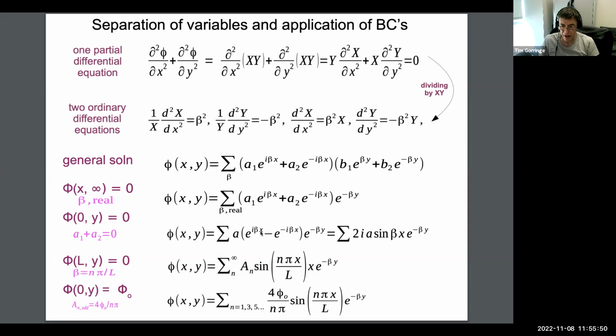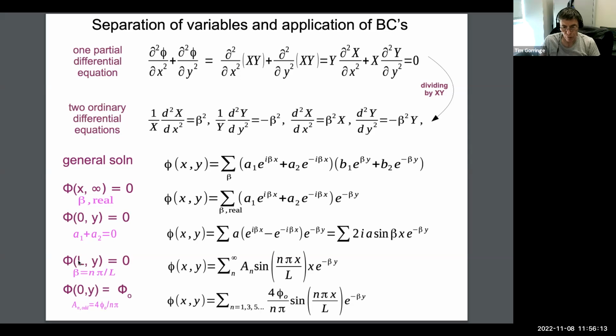And so I apply that boundary condition. And now, instead of A1 and A2, I've just got one coefficient. I called it A. I also, in this step, rewrote this combination of positive and negative imaginary exponents as the sine function here.